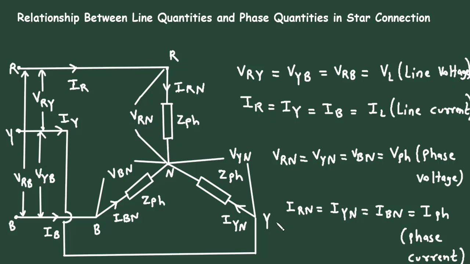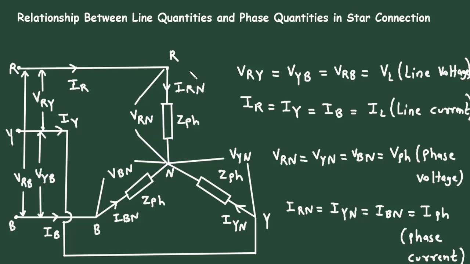The voltage between Y and N, that is Y phase and neutral, is VYN. Similarly, the voltage between phase B and neutral is VBN. Now these voltages are called phase voltages.